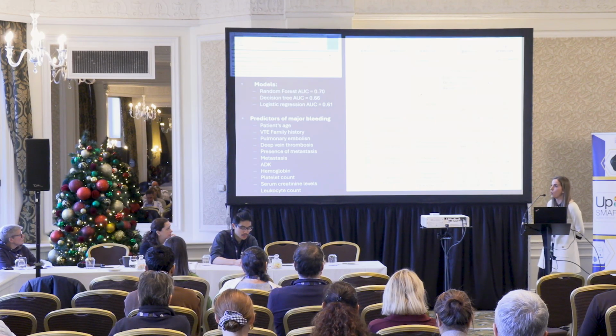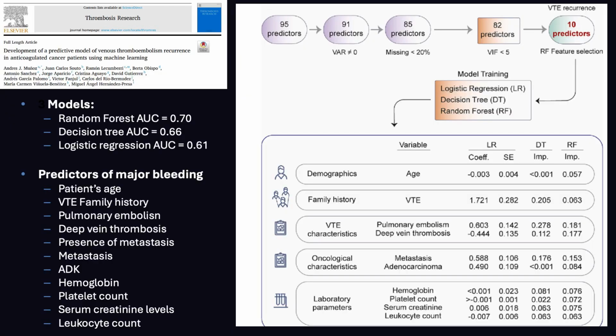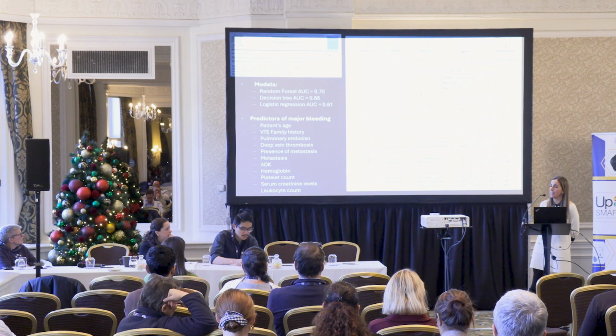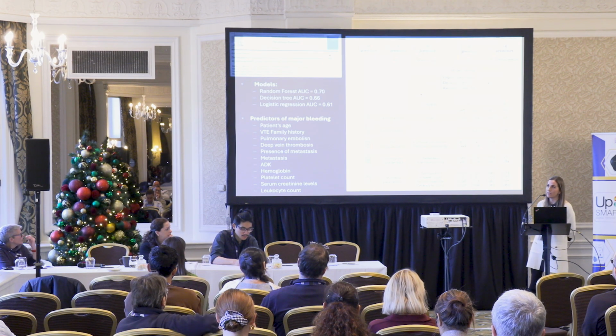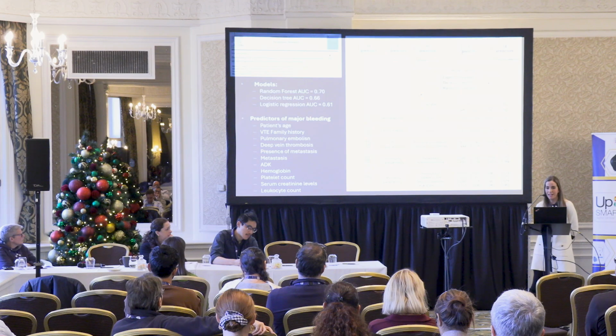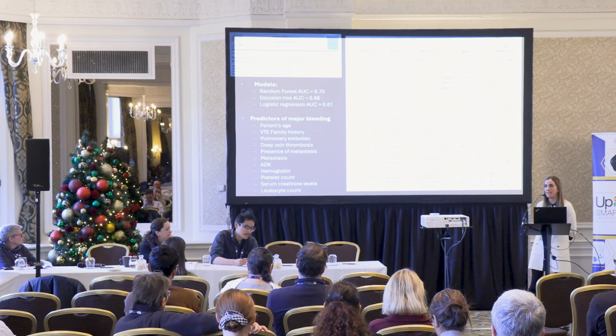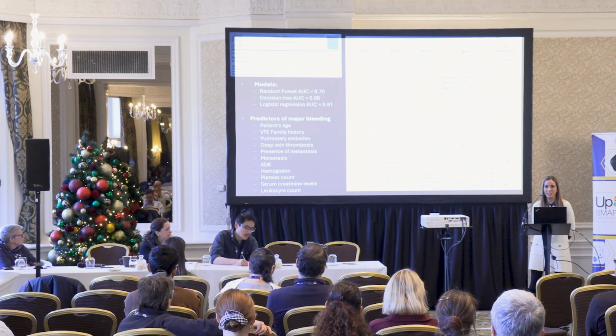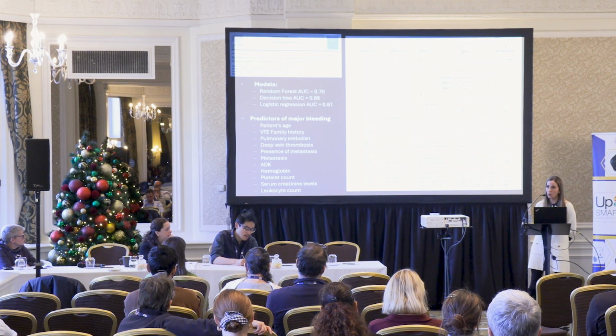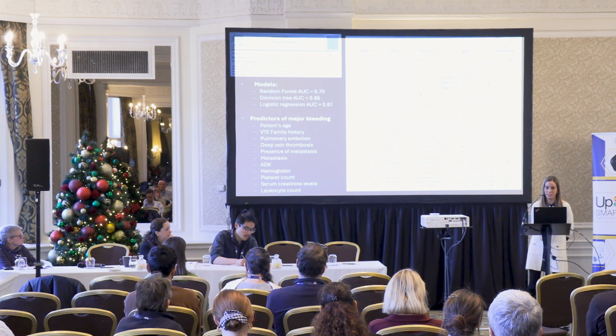With this, we have created two different models. Here we have one of them, the one to assess the risk of having a red thrombosis. This technology gives us the capability to analyze a high number of clinical variables. For example, here we work with 95 predictors for the red thrombosis model.